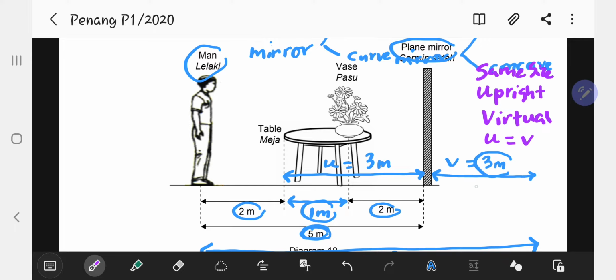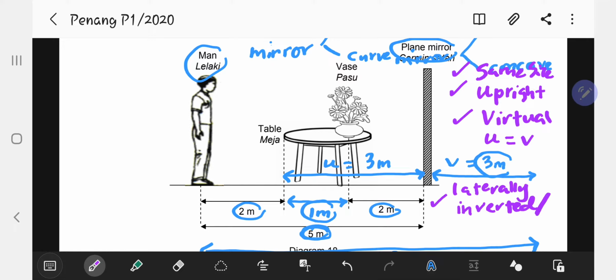Then the other one is laterally inverted, songsang sisi. Some books use lateral inversion, it is the same thing. So at least remember three: same size, upright, virtual.